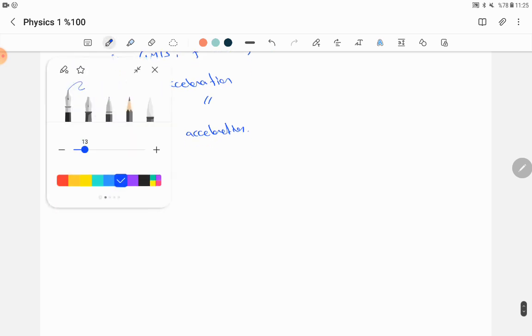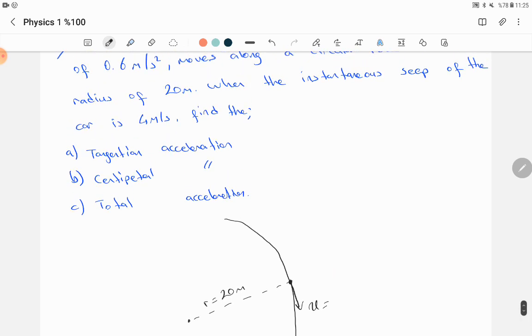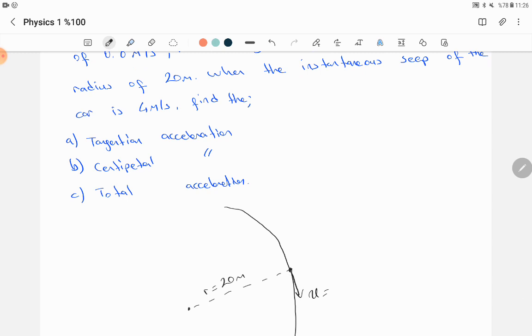If we draw our trajectory, some part of it here, the radius of our circle is 20 meter, our object is here, and our linear velocity, the instantaneous speed, is 4 meter per second.